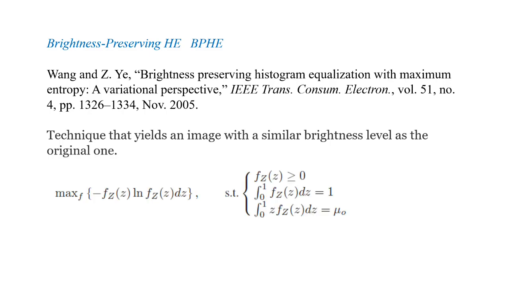In order to accomplish this, the specified histogram f of z obtained maximizes the entropy and is subject to the constraint that the average level of the final image is the same as the original one. The idea here is that if an image is dark at the beginning, the better image is not necessarily one that will turn the complete image into a brighter one, or vice versa.